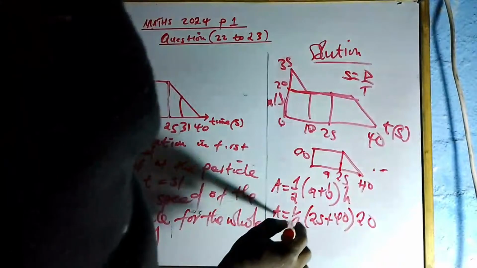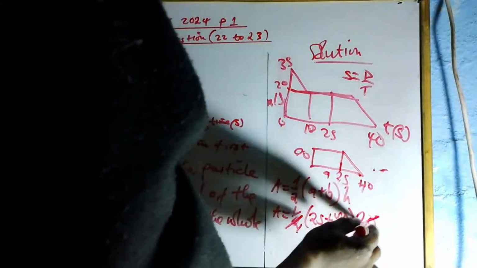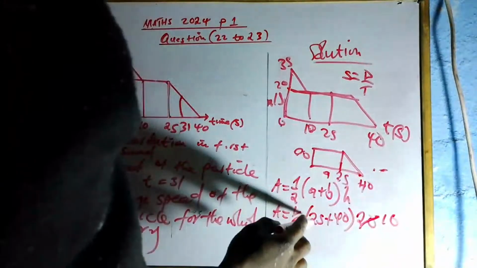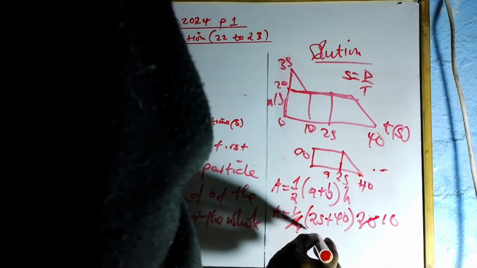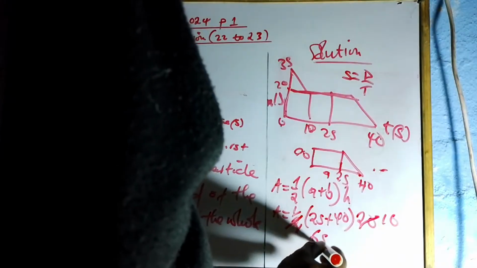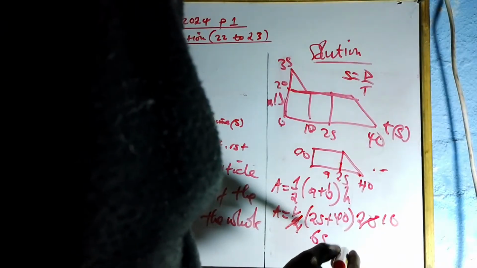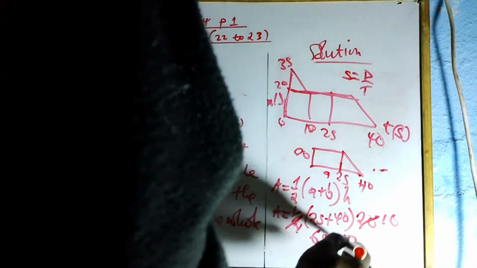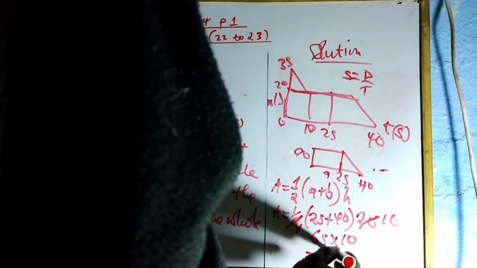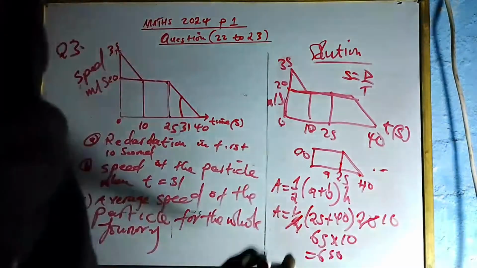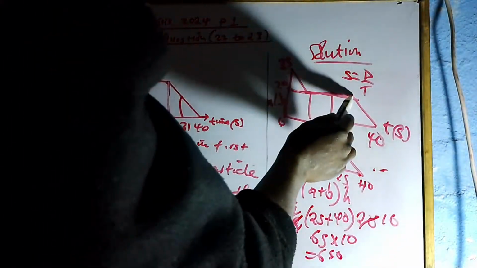Okay, then 2 into 20 is 10. Then 25 plus 40, you're going to have 65. 65 times 10, you're going to have 650. Okay, this is just the distance for this.